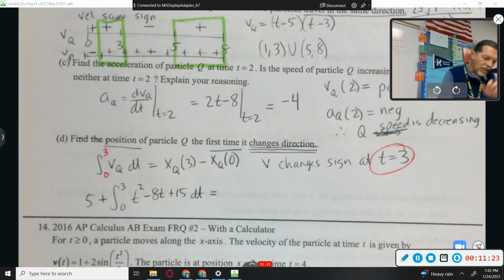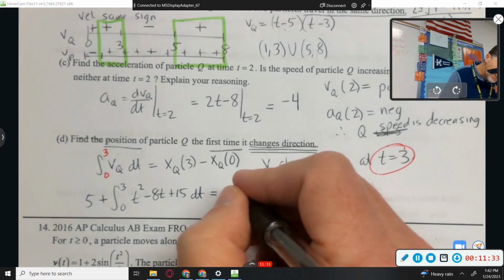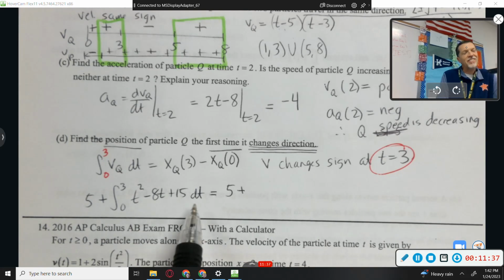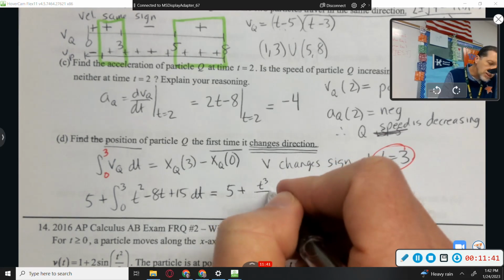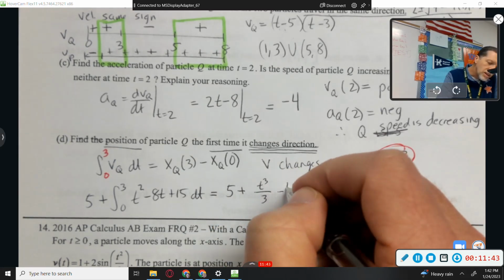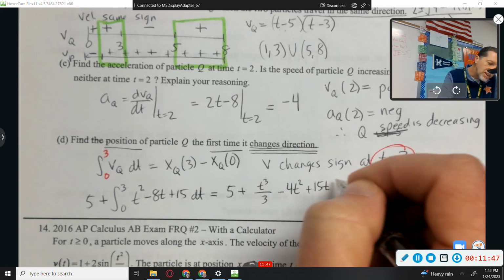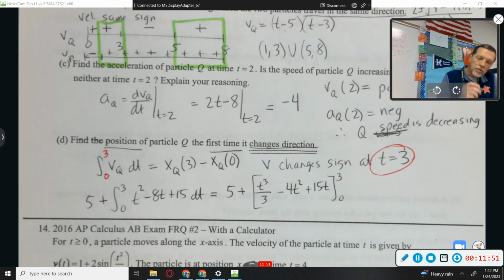I sense a safe stop in our near future here. I was about to grab the calculator and let the calculator do the work, but this is no calculator. Is this a safe stop here? That is not a safe stop, because that is still calculus left to go. You've still got to integrate. So t cubed over 3 minus 4t squared plus 15t from 0 to 3.